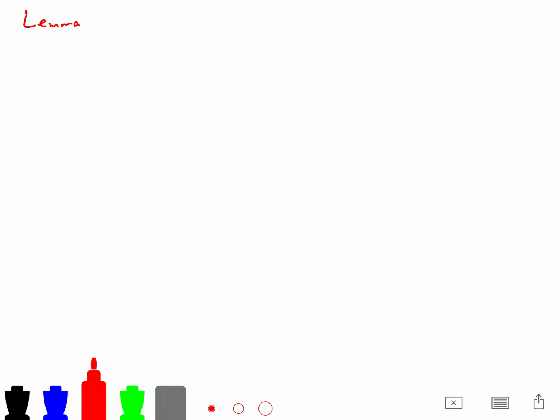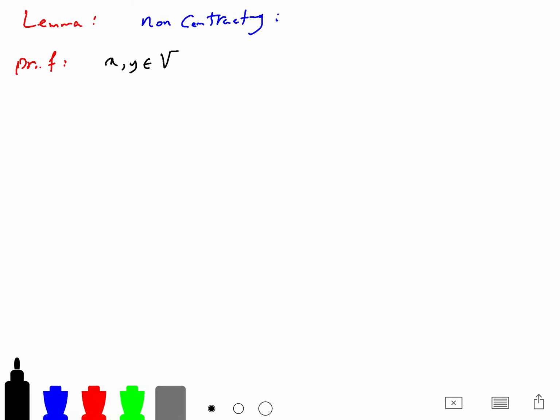And the final lemma that I should say for embedding any metric space into R is that the embedding computed by that algorithm is non-contracting. The proof is as follows. Let x and y be some vertices.